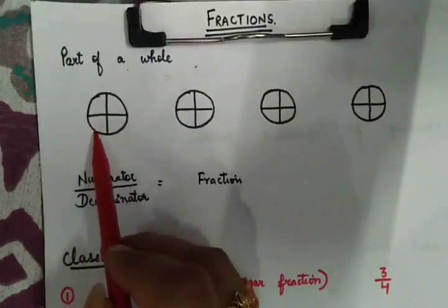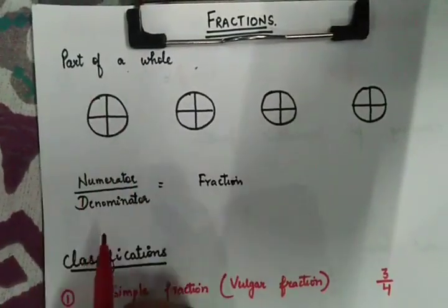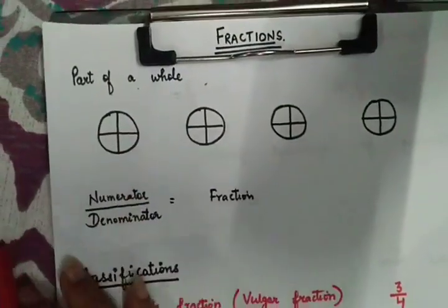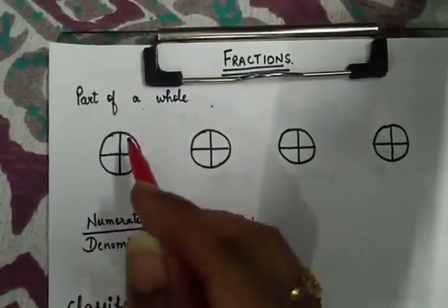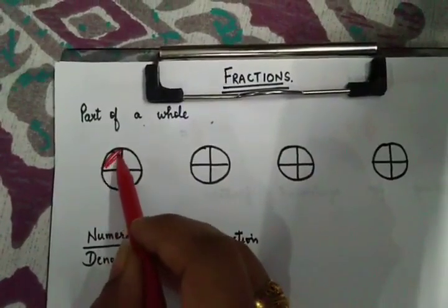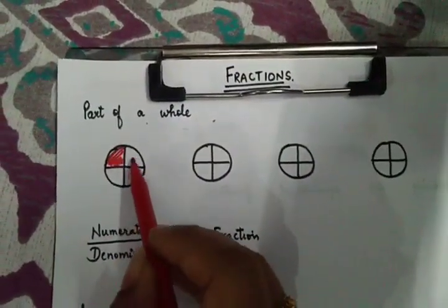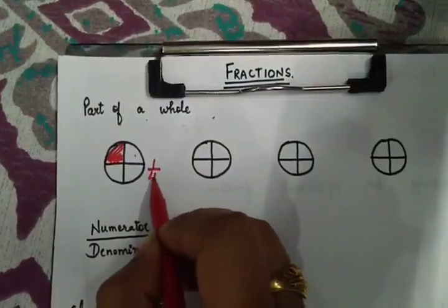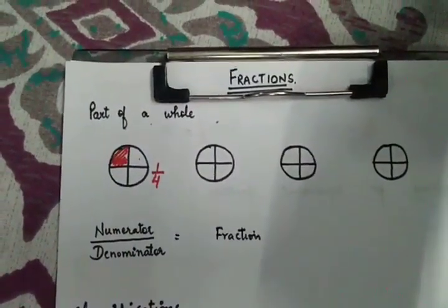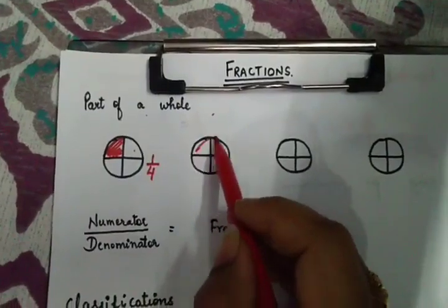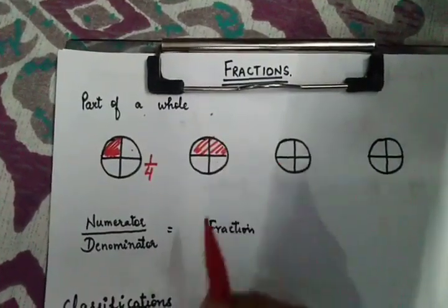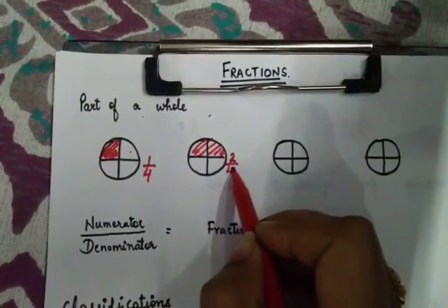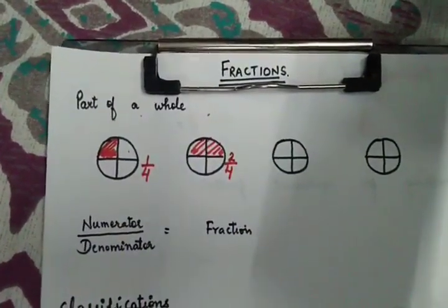Suppose this is your birthday cake in this circular shape, and you have divided this into 4 equal parts. If you have eaten one part out of 4 parts, then you are going to write down that I have eaten 1 out of 4. If you have eaten 2 parts of the whole cake, how much have you eaten? 2 parts out of how many? 4.